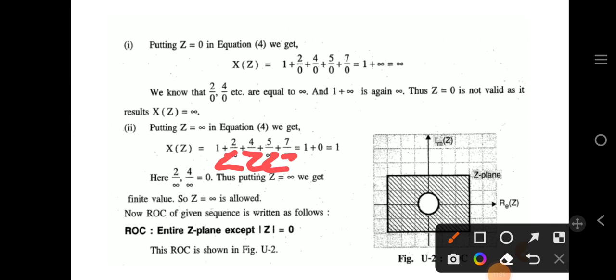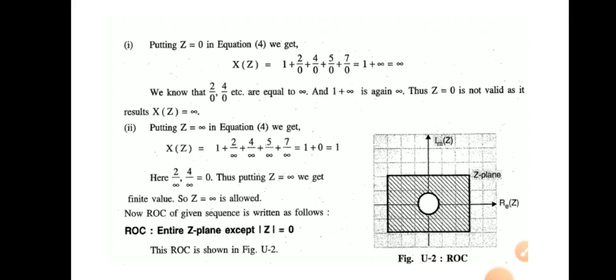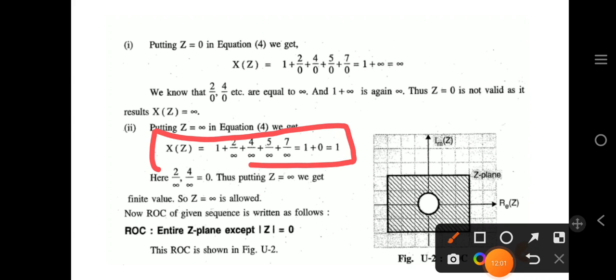So putting the value of z equals infinity, we got 1 plus 2 upon infinity plus 4 upon infinity plus 5 upon infinity plus 7 upon infinity, which is equal to 1 plus 0. Why 0? Because anything upon infinity is nothing but 0. So 1 plus 0 is equal to 1. The final value of X of z, by putting the value, we got equals 1.